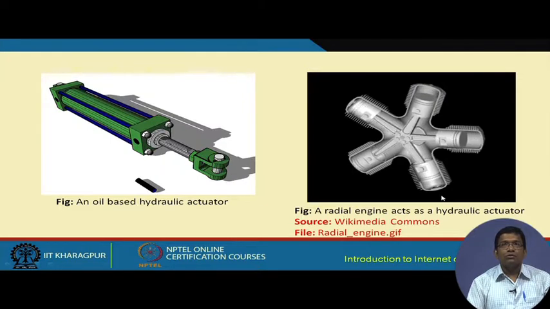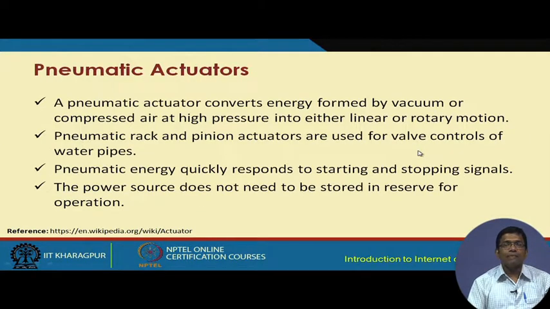Liquid goes inside, and when you synchronize the liquid going inside from these different directions, you can emulate a rotatory motion like this. So, this basically can help in the functioning of an engine. It can give a rotatory motion in this manner. So, these were the hydraulic actuators.